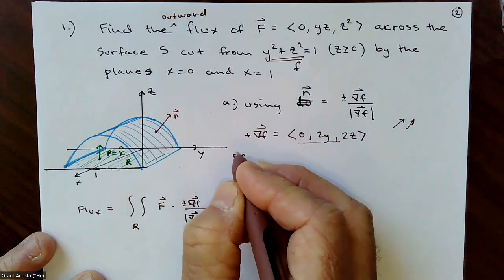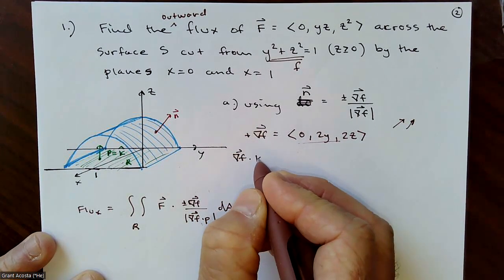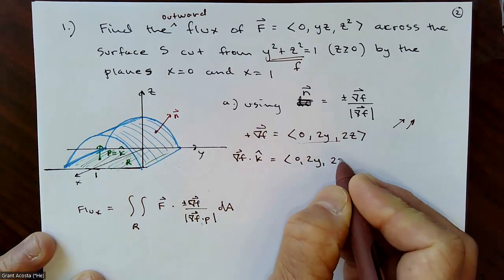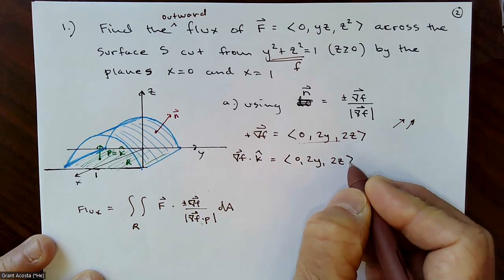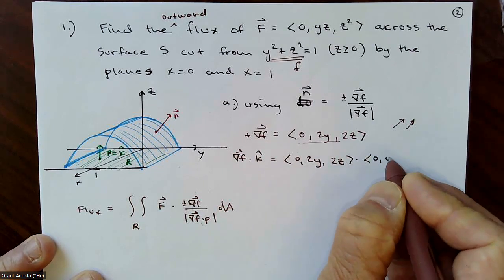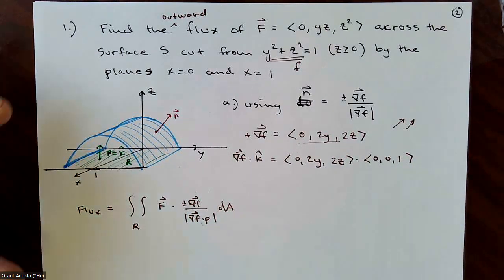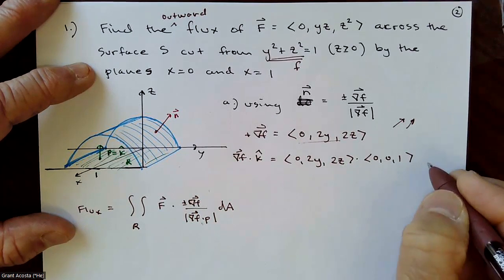Now I need the gradient dotted with p, but my p is k. So it's going to be 0, 2y, 2z, dotted with 0, 0, 1. That gives me just 2z.